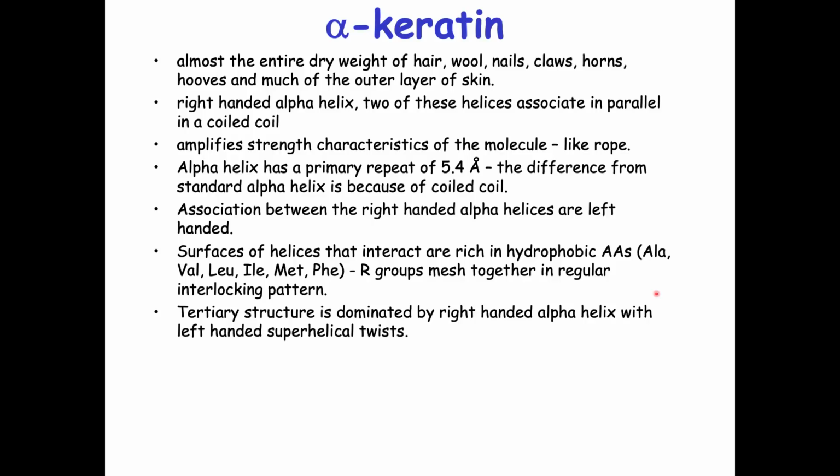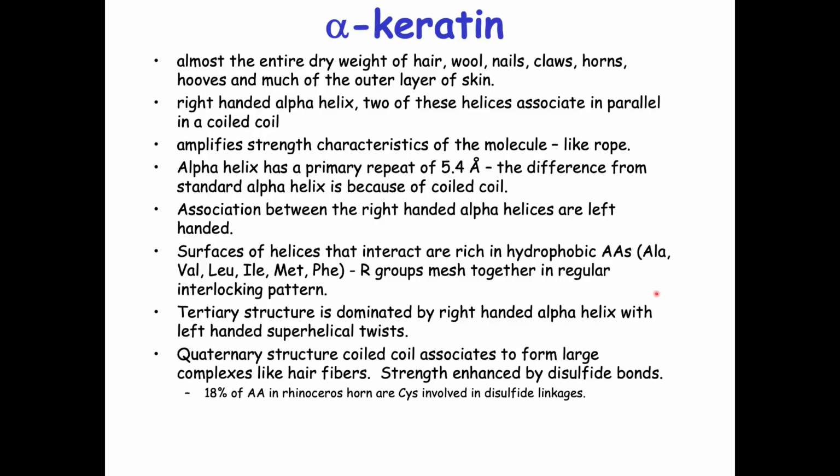So the tertiary structure is dominated by right-handed alpha helices with left-handed superhelical twists. And the quaternary structure, coiled coil, associates to form very large complexes like hair fibers, and this strength is enhanced by disulfide bonds.